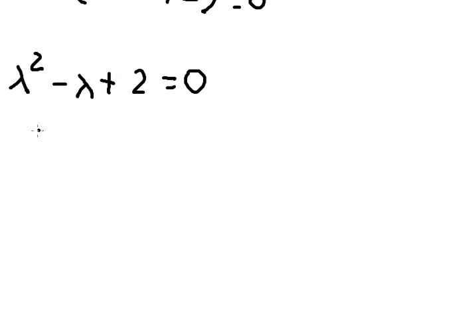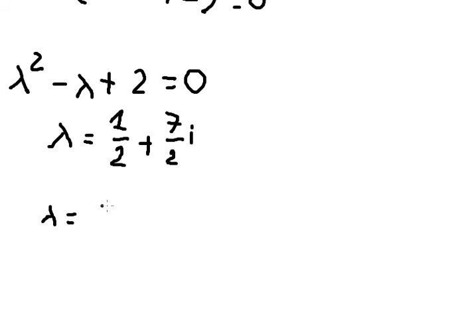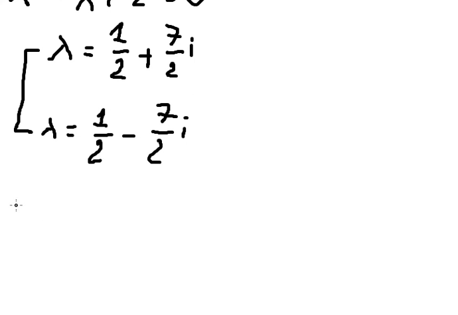So we have lambda equals 1 over 2 plus 7 over 2 i, and lambda equals 1 over 2 minus 7 over 2 i. And now we have yc equals c number 1 e to the power of lambda x.